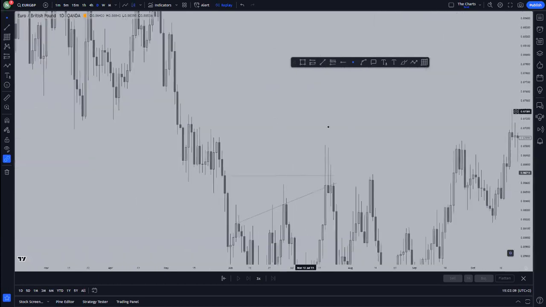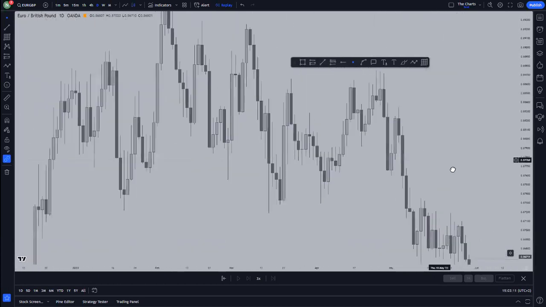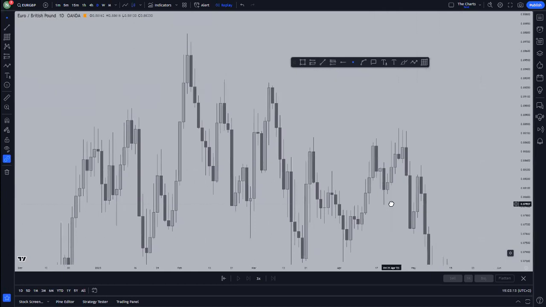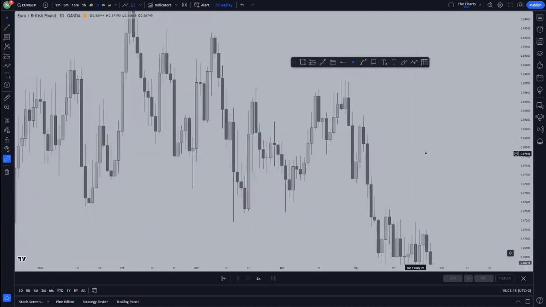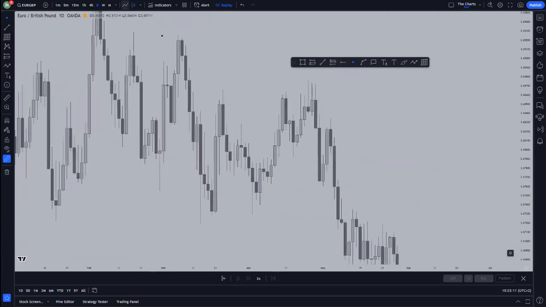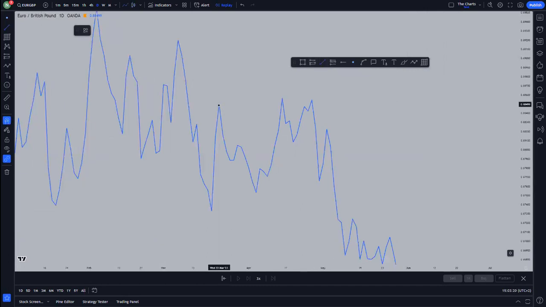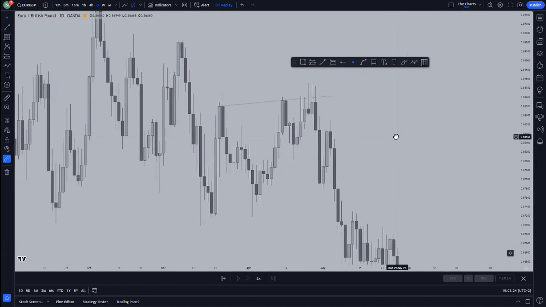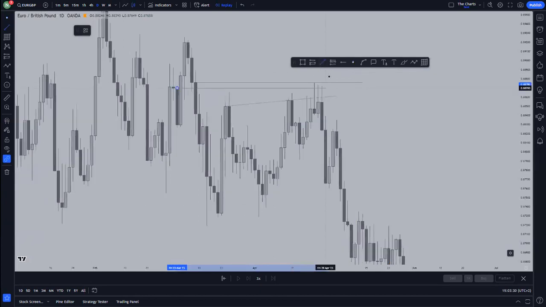Let's look for another example. As you can see, we have the first touch right here, and the second touch right here. So most definitely you will see some reactions occurring on the third touch. On the third touch, identify the SNR level that is close in proximity.